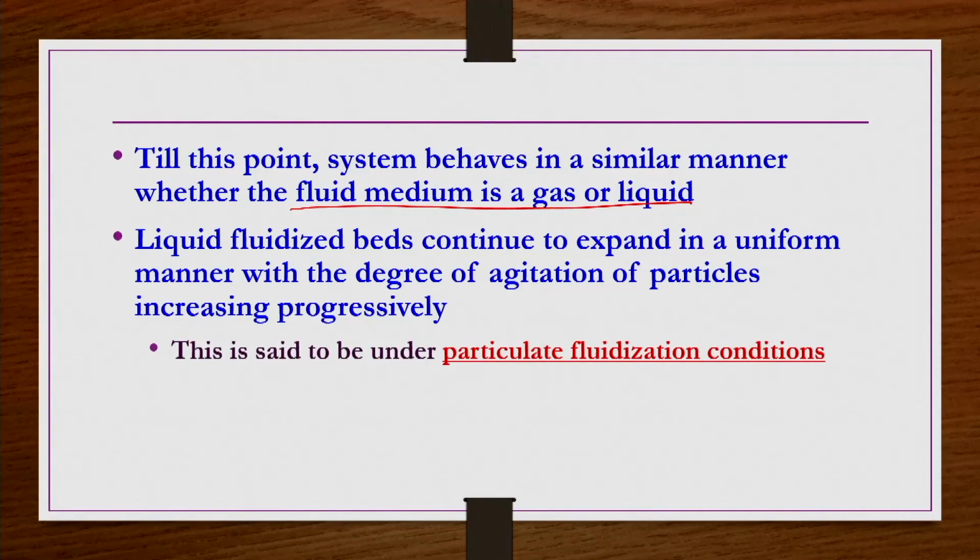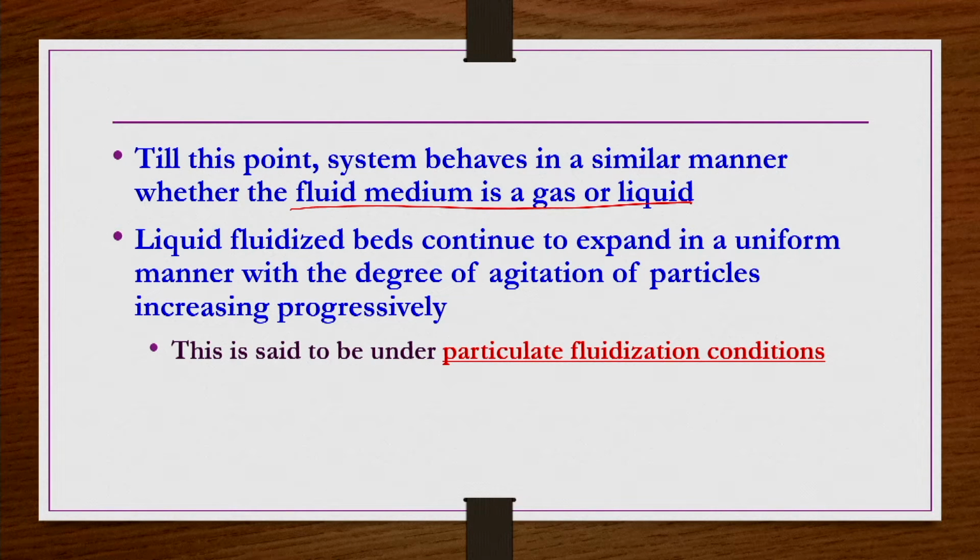After the incipient point of fluidization, when you further increase the velocity, if the fluid is a liquid, then a uniform expansion of the bed takes place, and a constant bed density can be found at any location within the fluidized bed. That is known as particulate fluidization, or smooth fluidization.